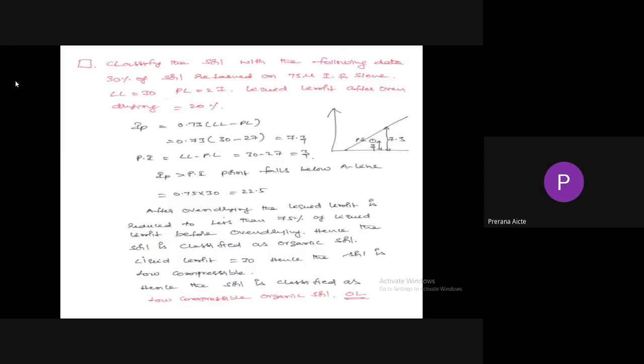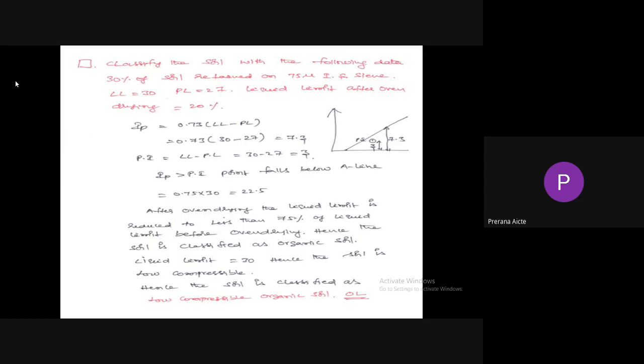But here the liquid limit is 20. That means more than 25% is reduced, reduced below 75%. Hence it is called organic soil.